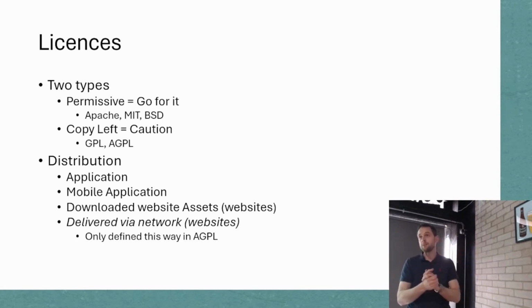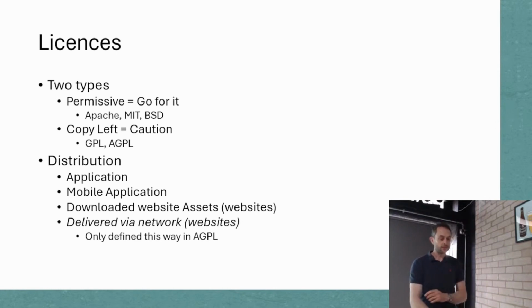So if you've got a JavaScript library that you're using and that is downloaded to the computer's browser, that is a distributed application. The really nasty one is AGPL, which classes distribution as making your software available over the network. So that includes websites and all the rest of it. So that is what to watch out for. Have I covered everything in there? Of course, I'm not going anywhere near fast enough, so let's move on.